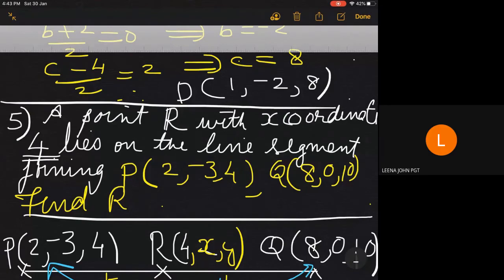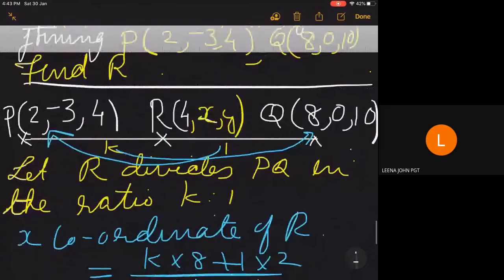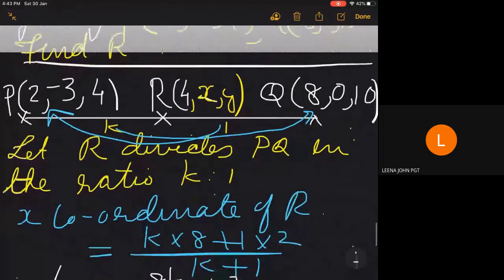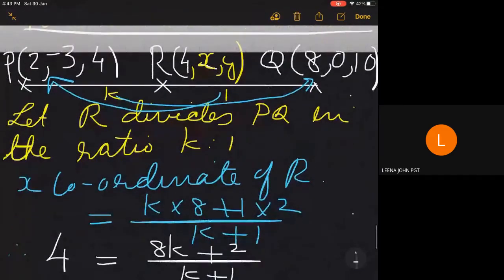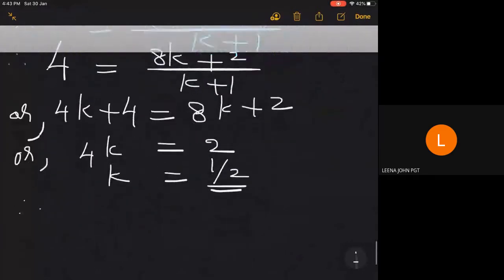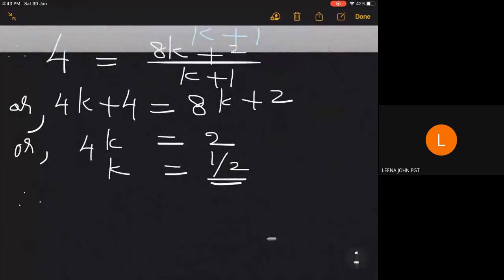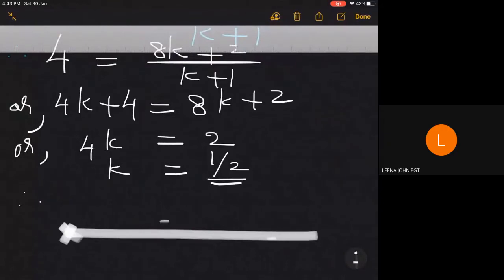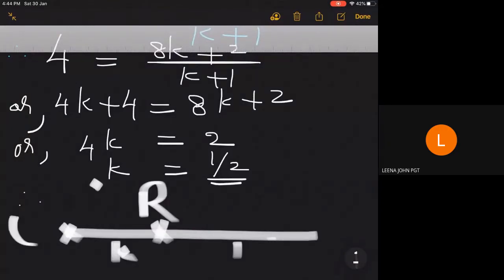After getting the value of k, how do we find the other coordinates of R? Again, you apply the section formula. The ratio is k is to 1, and these two points we know.